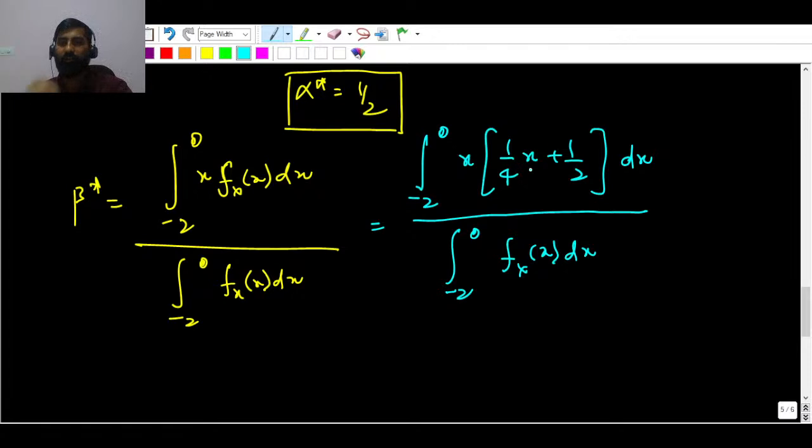If you compute this, you can easily compute it. Over -2 to 0, this is going to be x square by 4, plus 1 by 2.